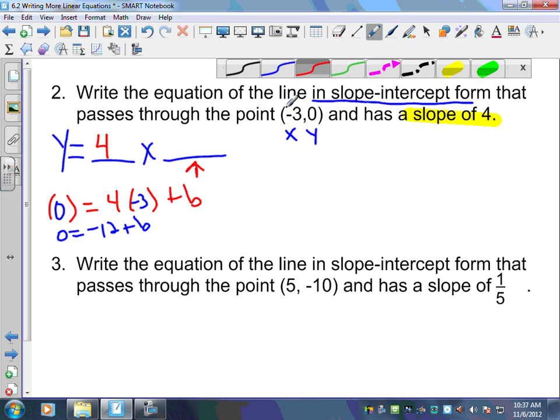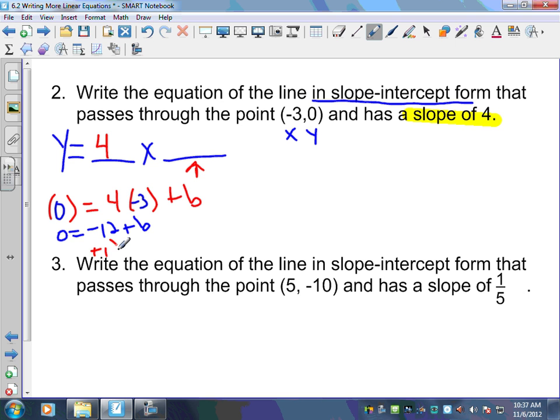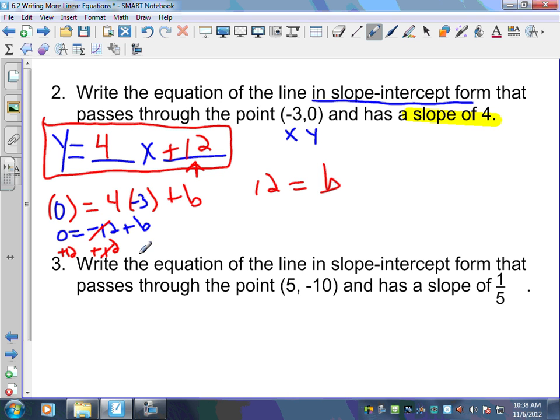How do I get rid of the negative 12? That's right, kids. I add 12 to both sides. 0 plus 12 is 12 equals b, because this canceled. So b equals 12. So right here I put 12. It's positive. I put plus. You must have this. This is your answer. Even though you had to do all these steps, that is your answer.